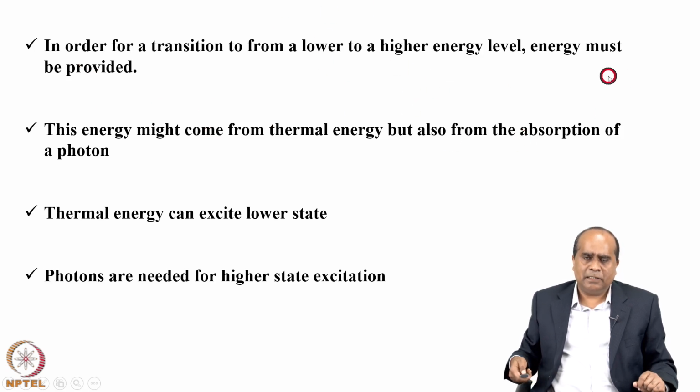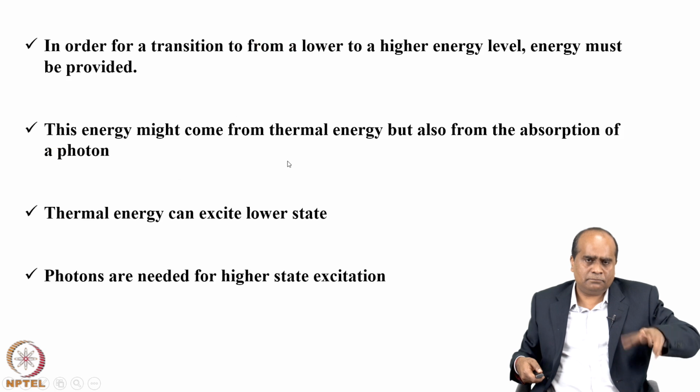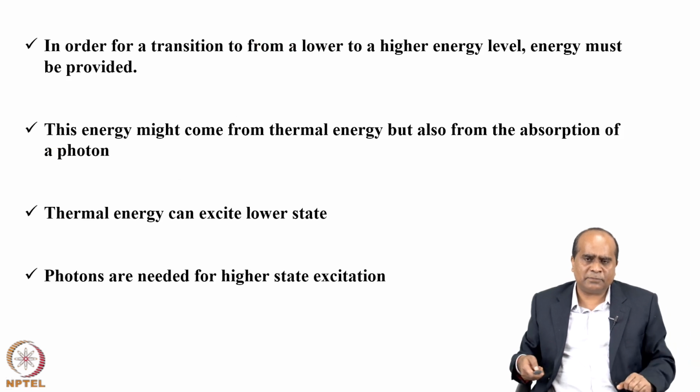So, energy has to be given in order to transition from the lower state, the ground state, to a higher energy state. This energy should come either from thermal energy, that is, some movement of the molecule, or by absorption of a photon: light, an electromagnetic wave, should be shined so that it absorbs the energy and goes from the ground state to the excited state.